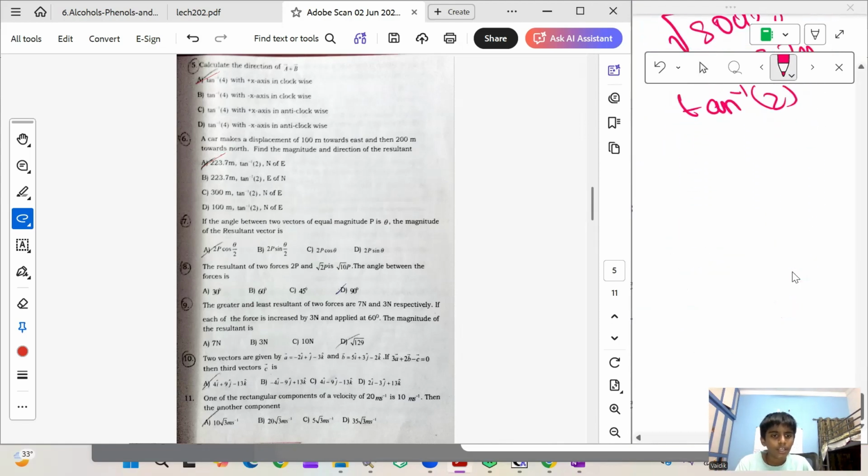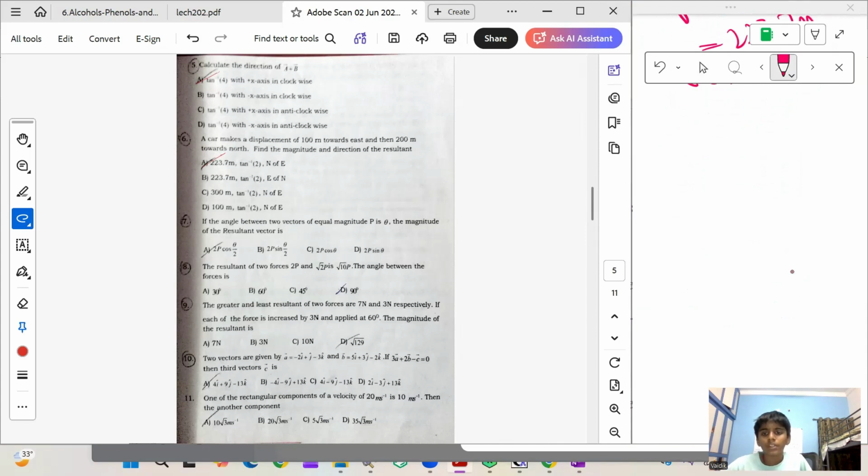Option A. If the angle between two vectors of equal magnitude P is theta, what is the magnitude of the resultant vector? Both are P and the angle between them is theta.